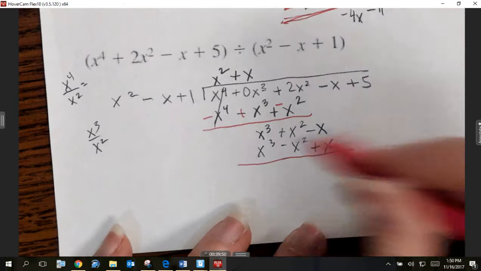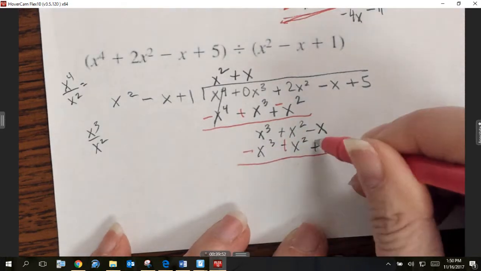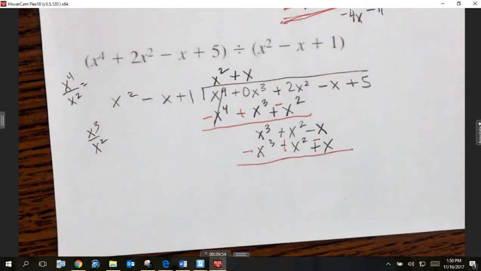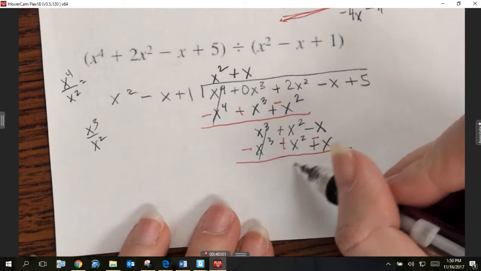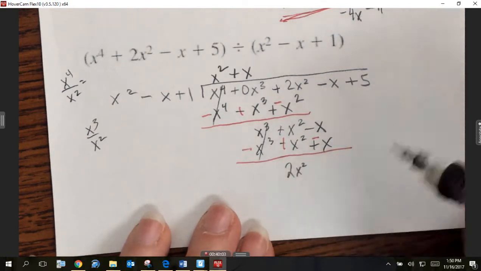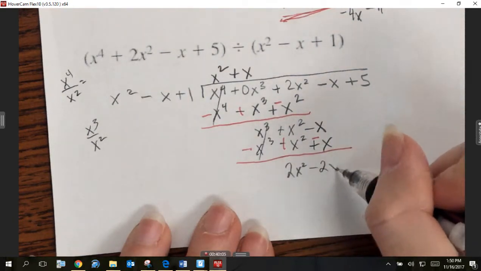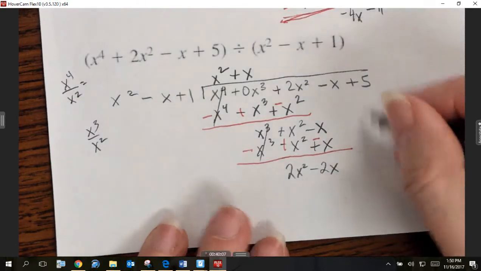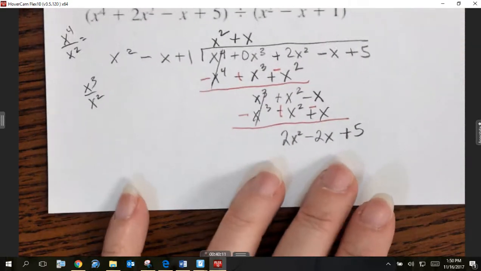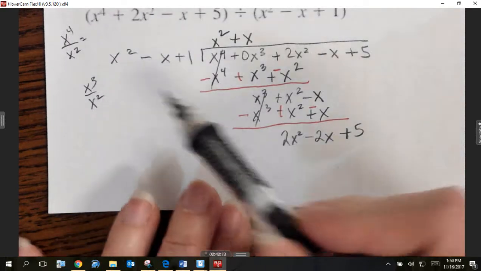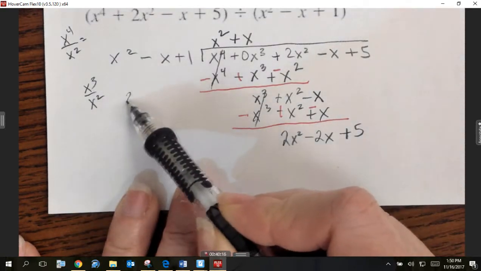Draw the line, change the signs. Add them. So x squared plus x squared is 2x squared. Negative x plus negative x is negative 2x. Bring it on down. And we divide. X squared goes into 2x squared.